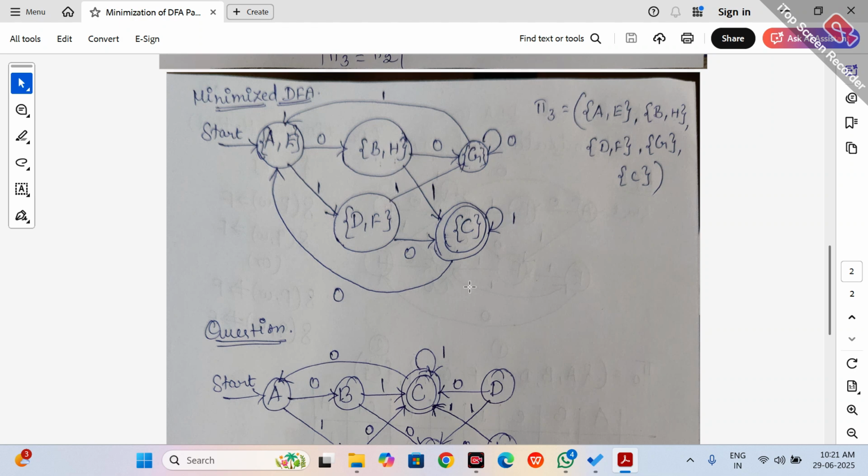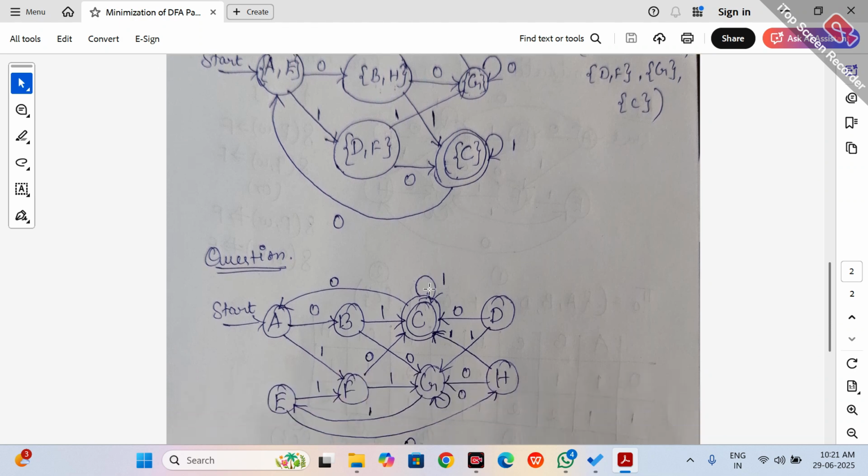Now for B and H, for input 0 for state B. For state B, input 0 goes to G and 1 goes to C. So these two are separate states. B is over. And for C, input 0 it goes to A, 1 is a self loop.